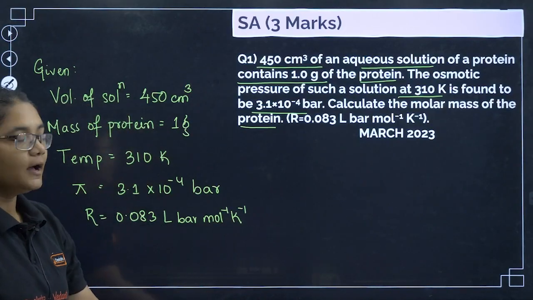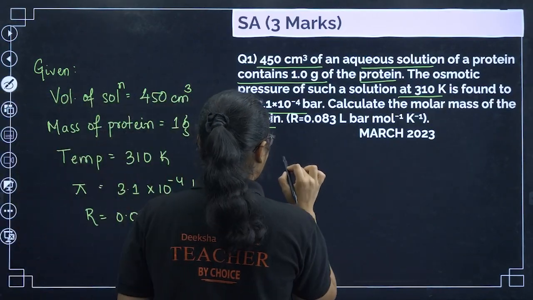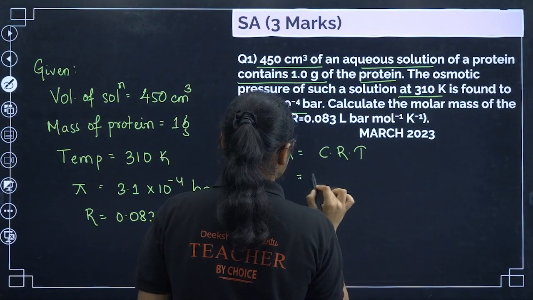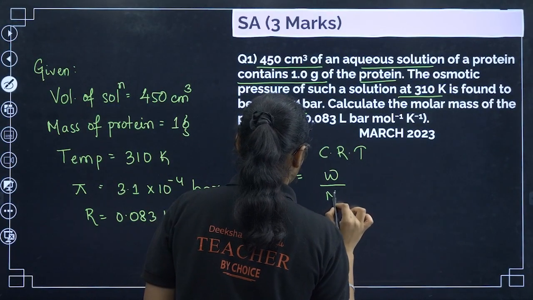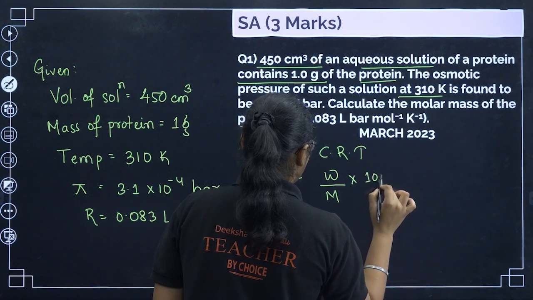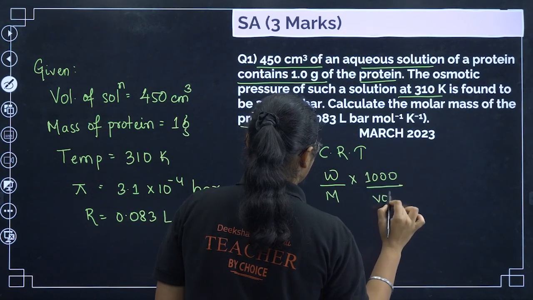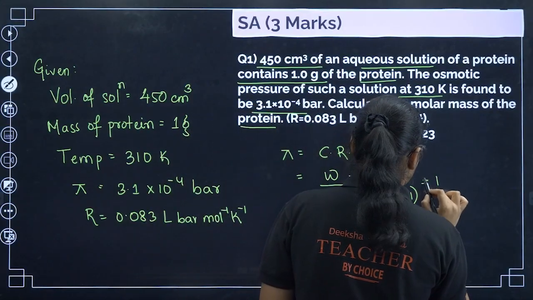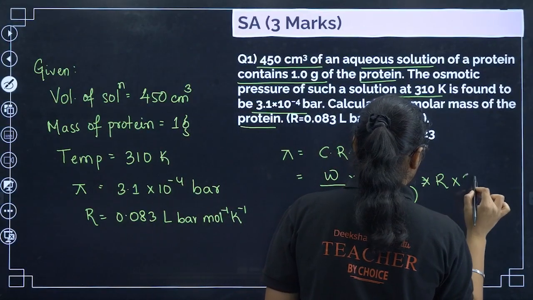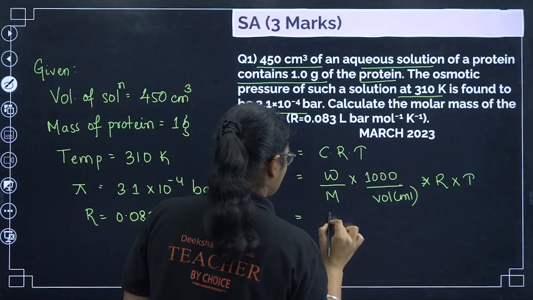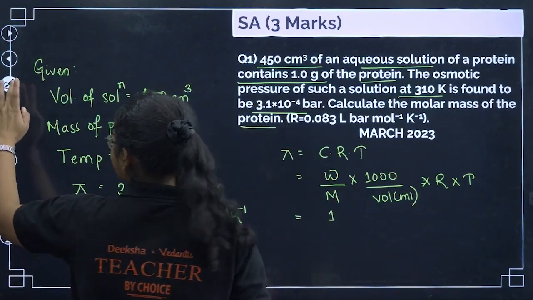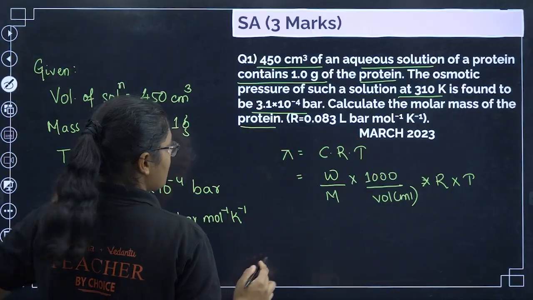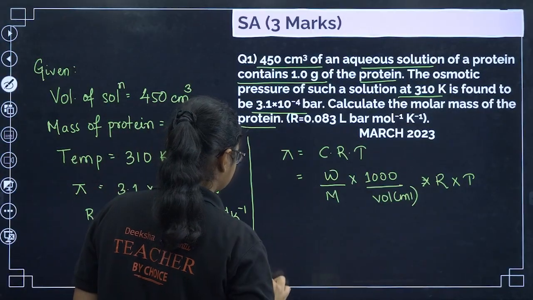Okay. So now here if I write pi is equal to C into R into T. What is C? Given mass by molar mass into 1000 by volume in ml. Okay. Then I have into R into T. So what is W here? 1 gram. So let me just substitute the values properly. So what I will get here?